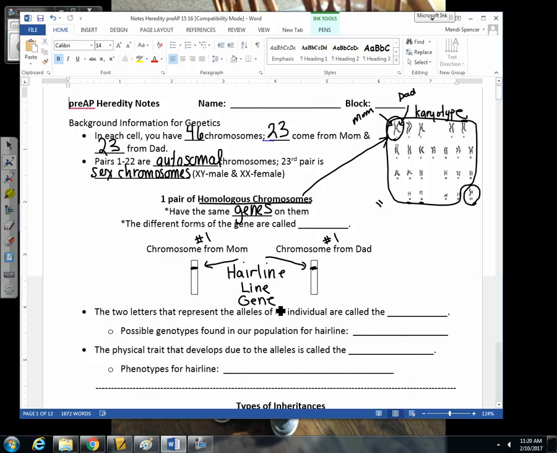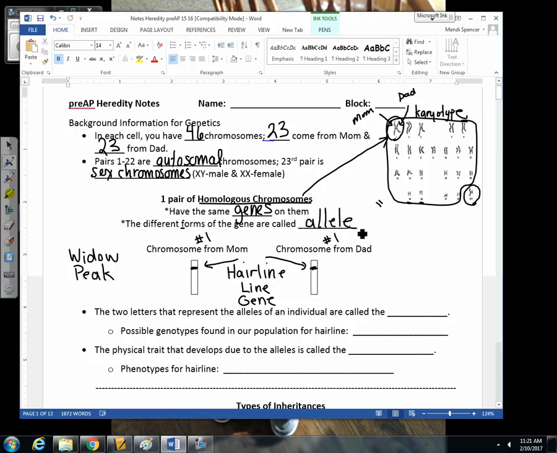From what I just told you, you can see that there can be different codes on that gene. Some people inherit a code for widow's peak. So let's put widow's peak. And the different forms of this gene, and for all genes, are called alleles.